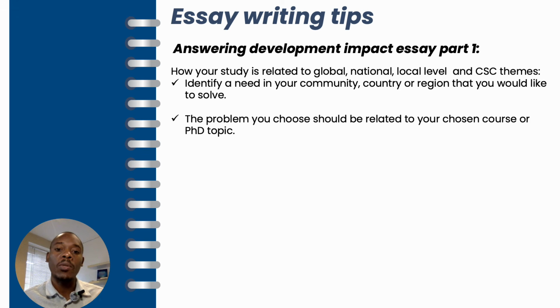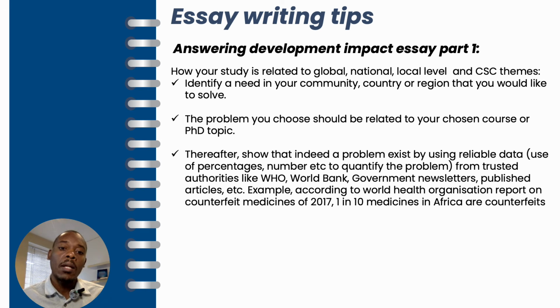So you need to demonstrate that you've identified the need and you've related that need to your study that you want to undertake. And therefore, you need to show that indeed that problem exists by using relatable data. At this point, you can use percentages, numbers to demonstrate that there is indeed a problem. You can use different metrics.